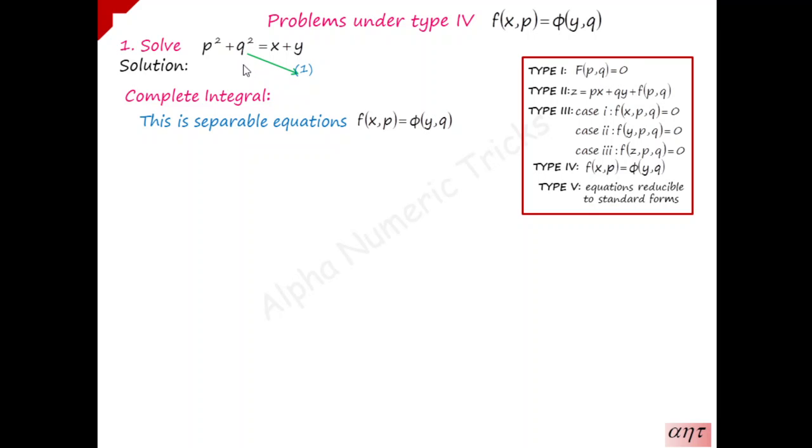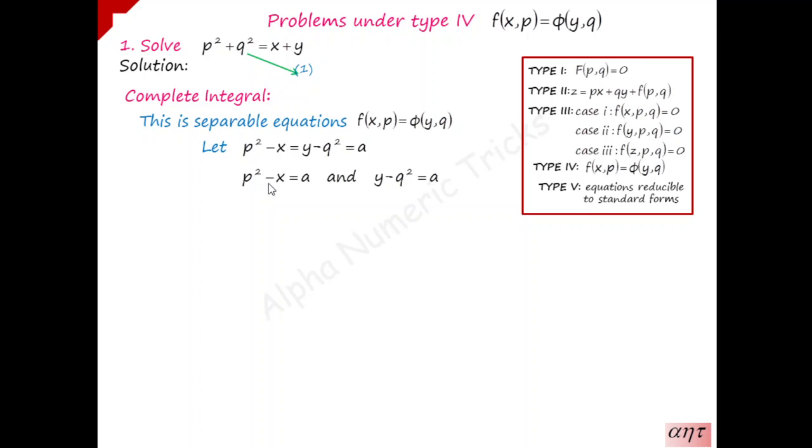When you take x to this side, it becomes minus x, and when you take q squared to the right hand side, it becomes minus q squared. So we have p squared minus x is equal to y minus q squared, which is equated to some constant a. After that, we equate each term to that constant a, and then we have to find the values of p and q.